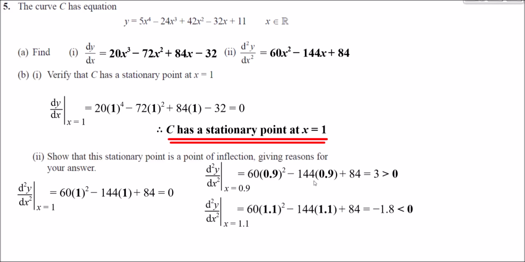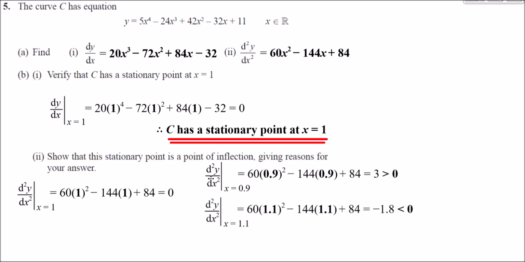So what we've seen here is the second derivative at x equals 1 is equal to 0, but there's a change of sign in the value of the second derivative before the stationary point and after the stationary point. So these two things combined are proof that it's a point of inflection.